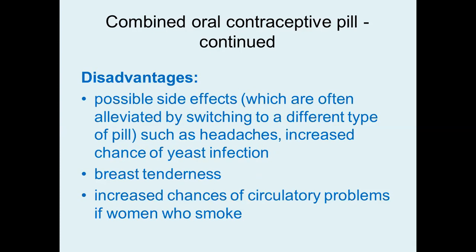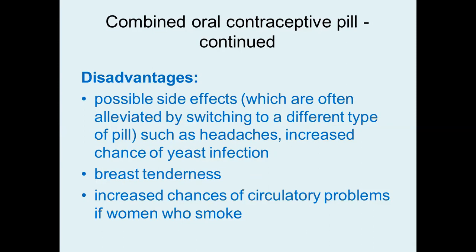Disadvantages, possible side effects, and these can often be alleviated by switching to a different type of pill. So side effects are things like headaches or having an increased chance of a vaginal yeast infection, breast tenderness, and an increased chance of circulatory problems, in other words, having a thrombosis or a stroke.